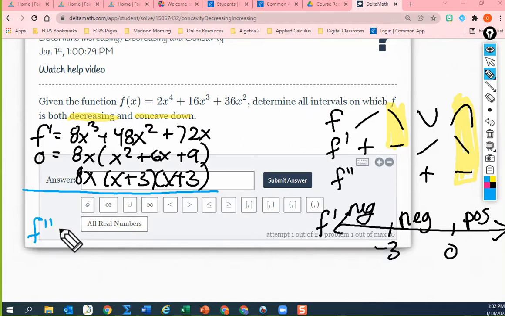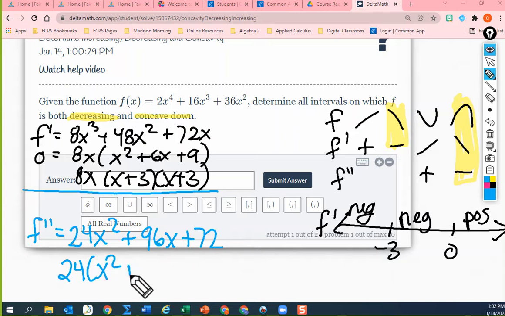All right, now I have to do the second derivative. Okay, double prime. 24x squared plus 96x plus 72. I'm going to take out the 24. Okay, x plus 3, x plus 1.